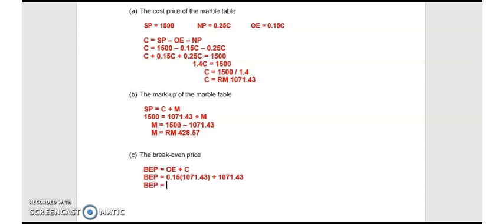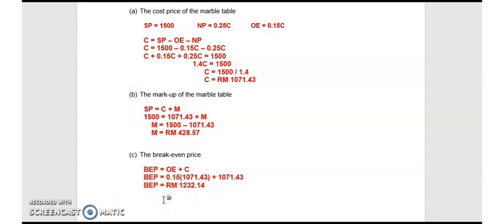So BP equivalent to RM 1232.14. If you look here, selling price is 1,500, and your break-even price is 1232.14. So this is the lowest selling price that you can offer to your customer.